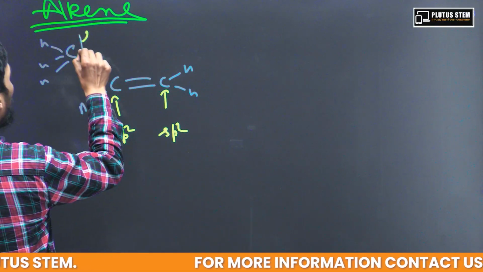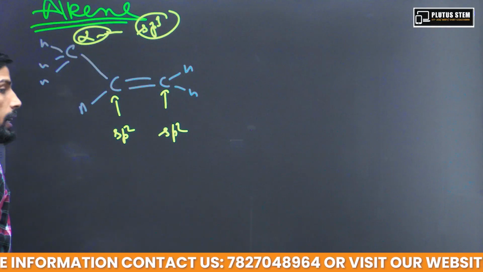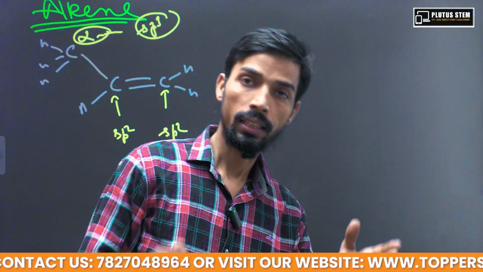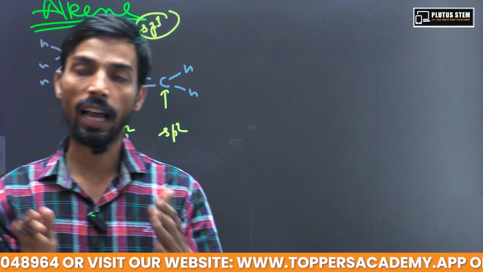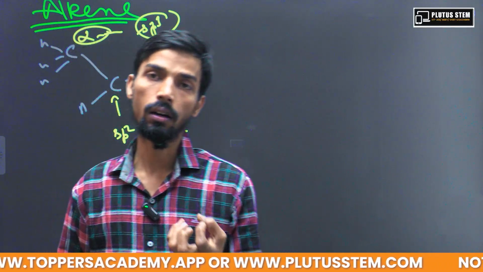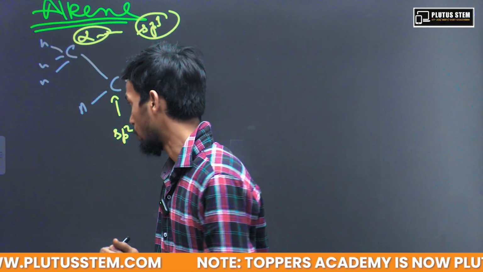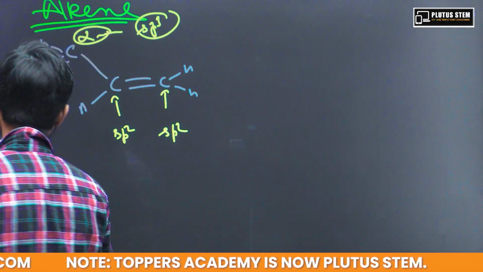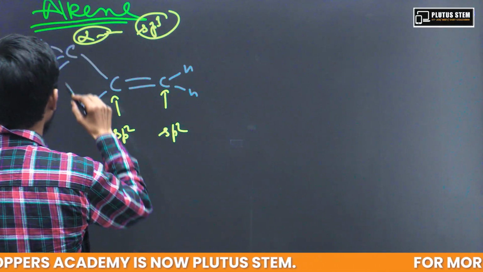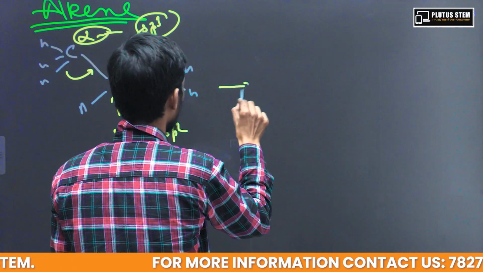This is the alpha position and sp3 carbon. The necessary condition for hyperconjugation is that the nearby carbon to the sp2 hybridized carbon must be sp3 hybridized and must have the alpha hydrogen. So the condition is fulfilled over here. So now what is going to happen? This can come over here and it can become like this.